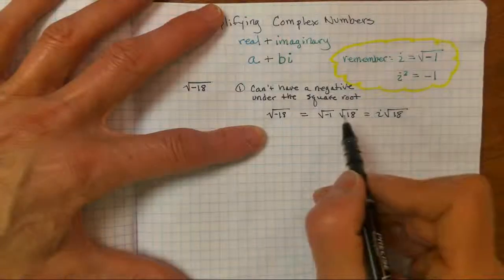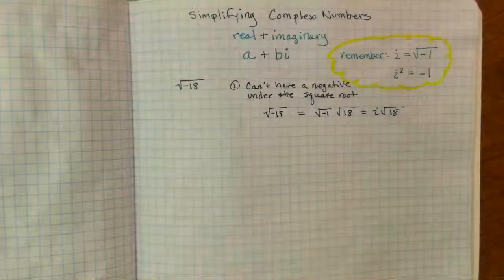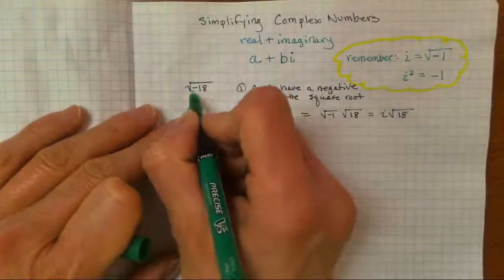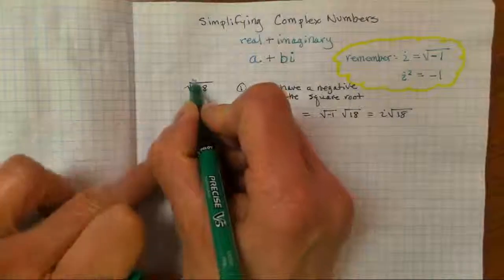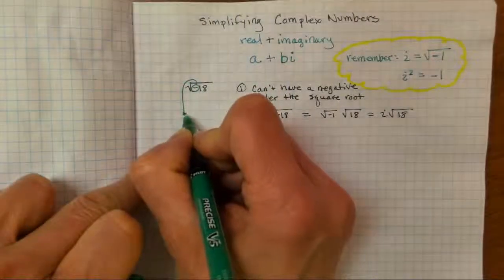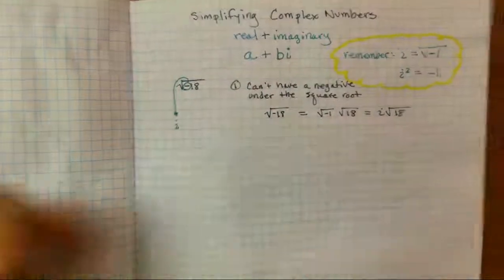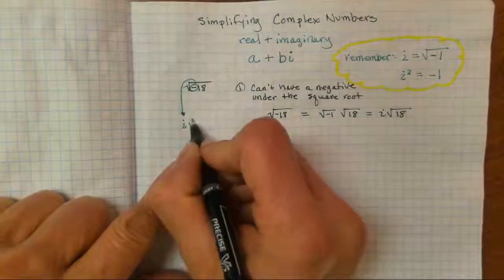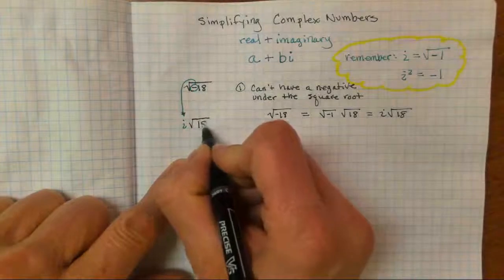Okay? Instead of having to do all that math, I am simply going to take note that I have a negative under the radical, and I'm going to pull it outside the radical as an I. So now I have I square root of 18.